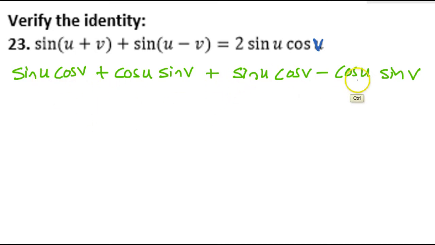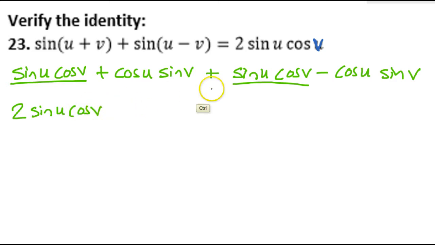So let's just combine like terms. So I see sine u cosine v. Okay, now here's another sine u cosine v. So this is like terms with this. So if I put those two together, that's going to be 2 sine u cosine v.